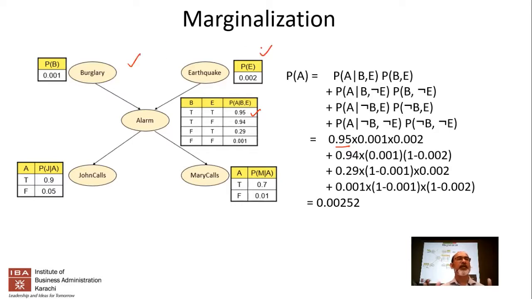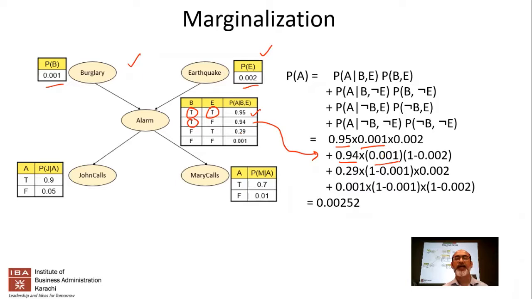So now we're going to sum over all the possible combinations of B and E. So now there are going to be four possibilities. Okay. So we're going to take 0.95 multiplied by the probability of both being true, which is 0.001, 0.002. Why? Because this is the case where both of them are true. Okay. Then we're going to take the case where 0.94, where this is true.